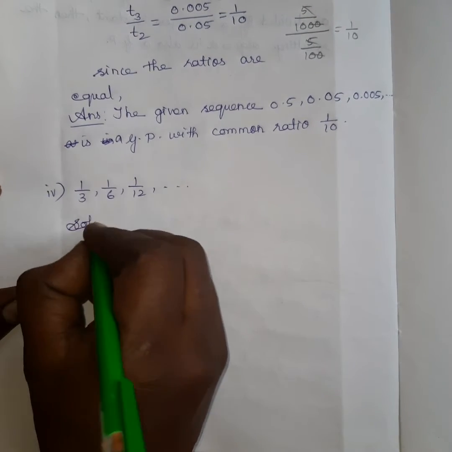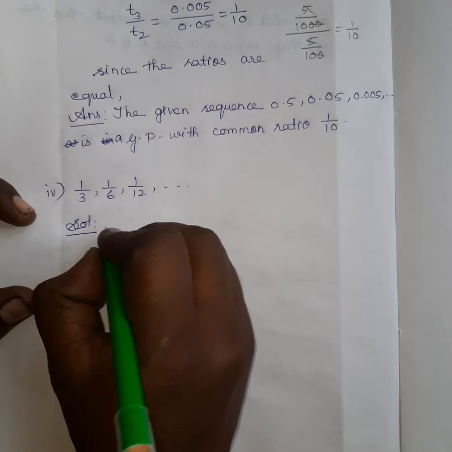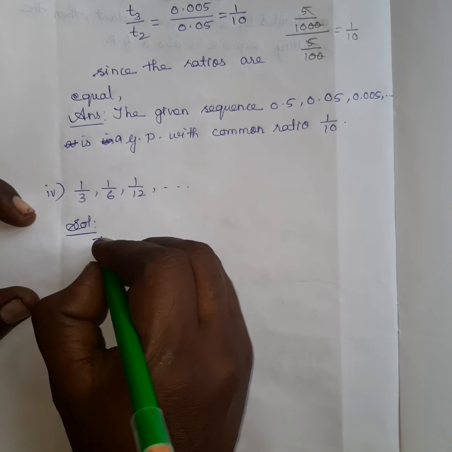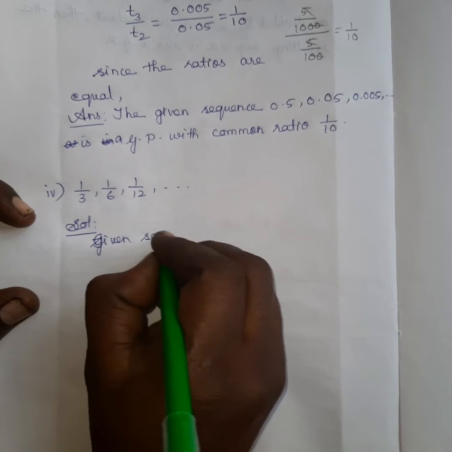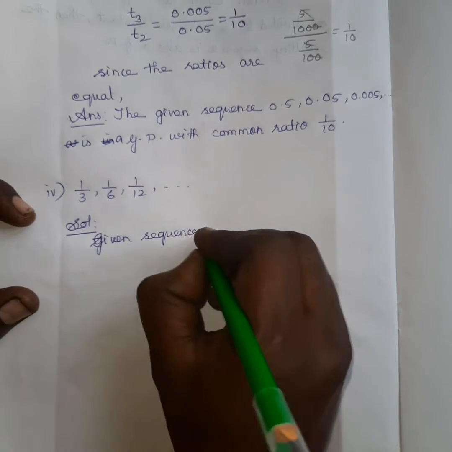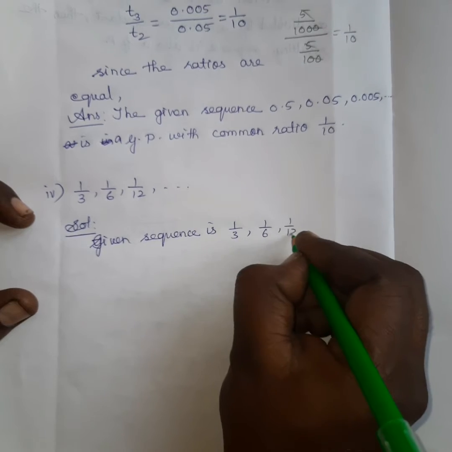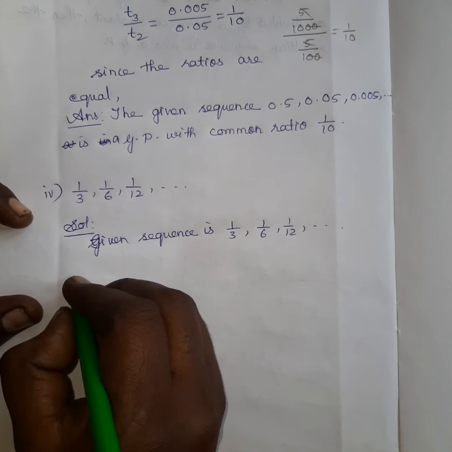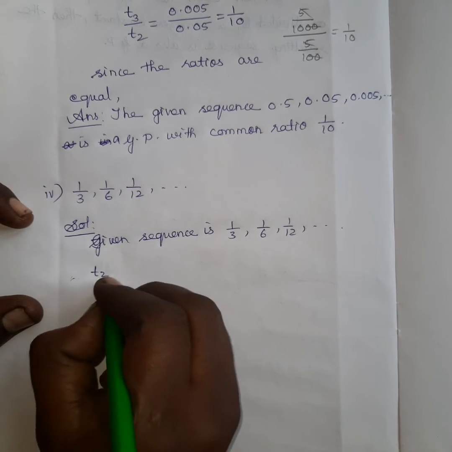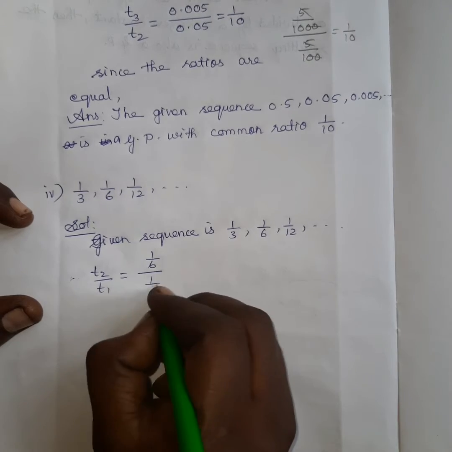The given sequence is 1 by 3, 1 by 6, 1 by 12, etc. We can write that first. Here we can find the ratio. T2 divided by T1 is 1 by 6 divided by 1 by 3.